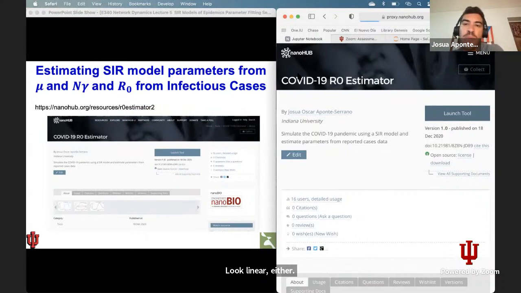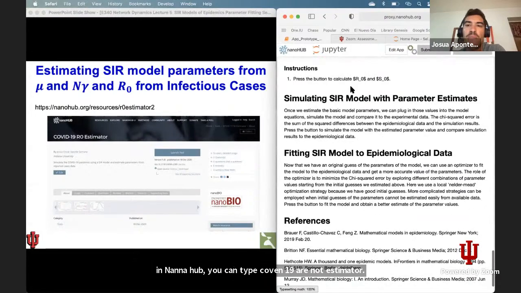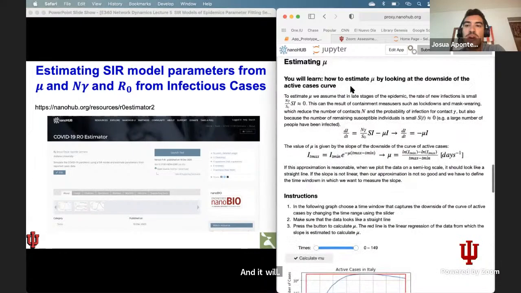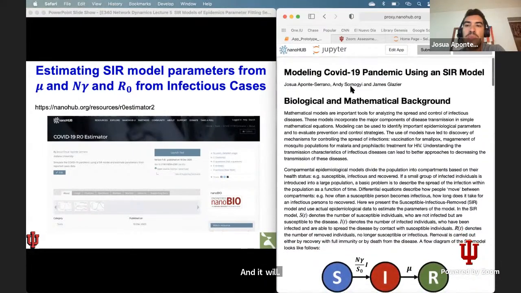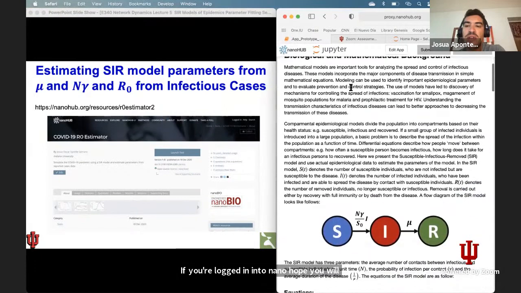In NanoHub you can type COVID-19 R naught estimator, and if you're logged in to NanoHub, it will take you into this application.